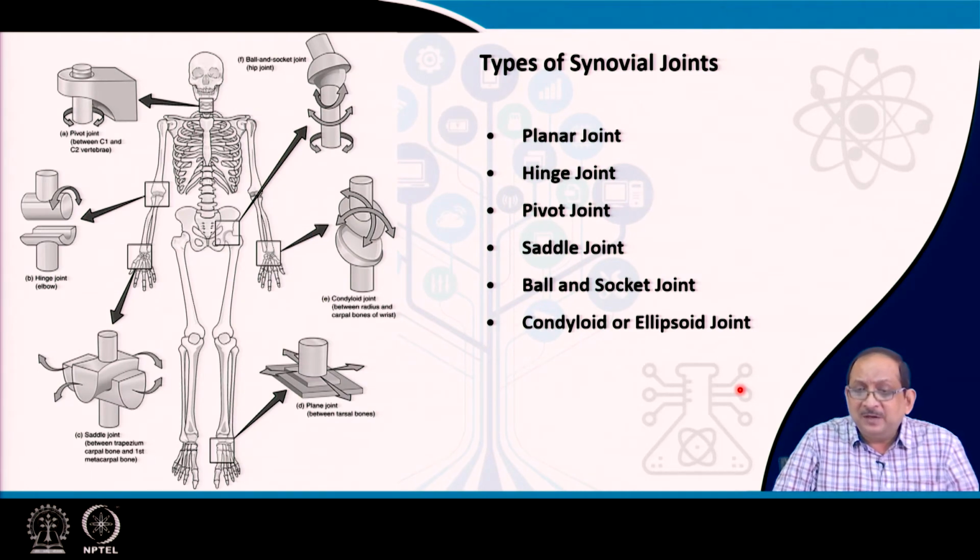Now, let us compare the types of synovial joints with mechanical joints. On the left, we have the skeleton, and the joints within the skeletal system can be compared with planar joint, hinge joint, pivot joint, saddle joint, ball and socket joint, and condyloid or ellipsoid joint.